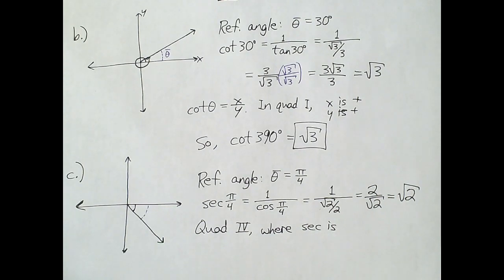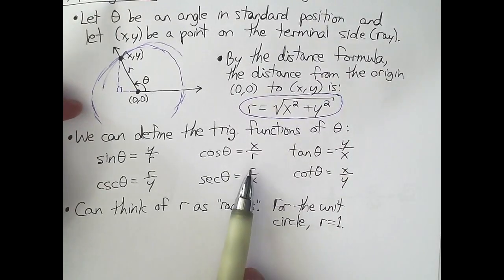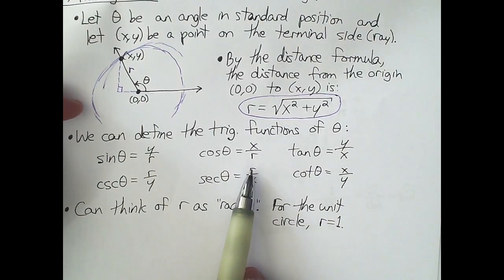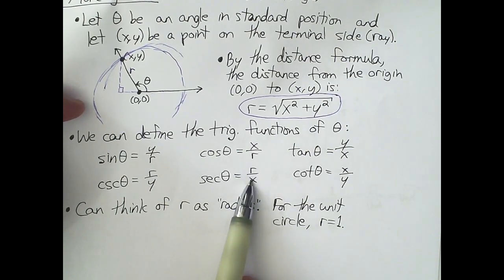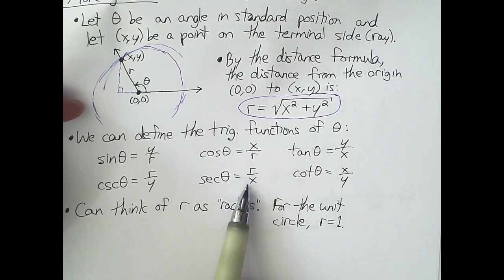Secant is 1 over cosine. I guess I shouldn't say 1 over cosine. I should say it's r over x. In terms of the unit circle, it was 1 over x. But in terms more generally, it's r over x, where r is always positive.